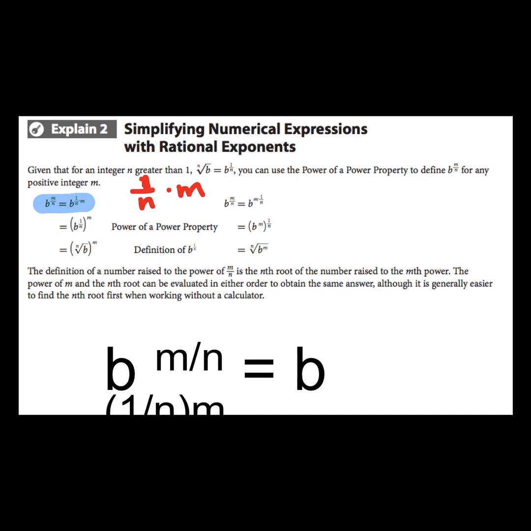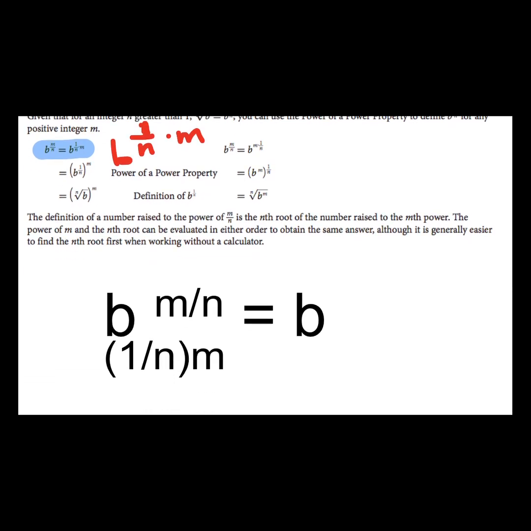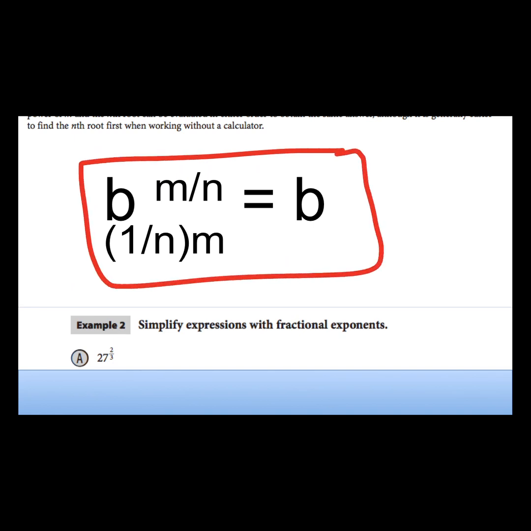Remember, 1 over n just means the nth root. So this is how we can apply the root. Here's the property again: applying the power, rewriting the m separately from the 1 over n, because 1 over n is just the nth root. So we're taking the nth root.